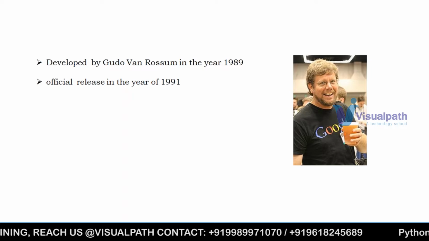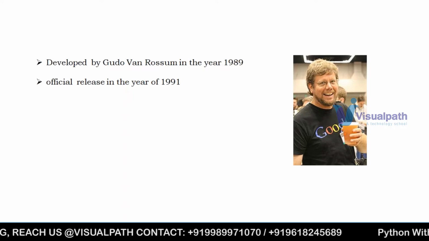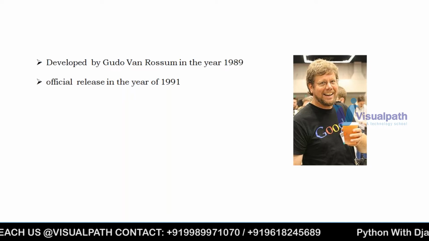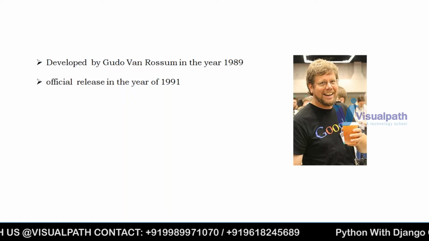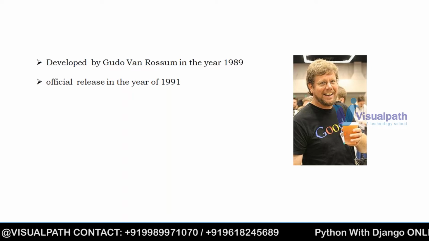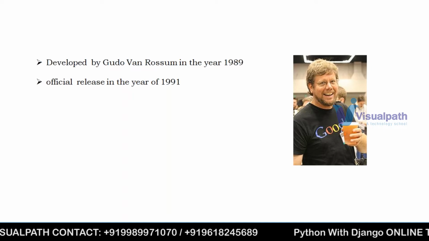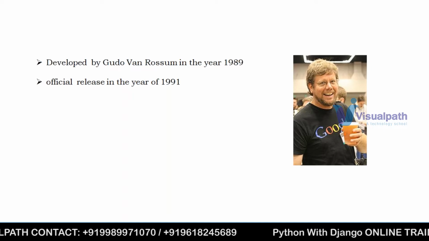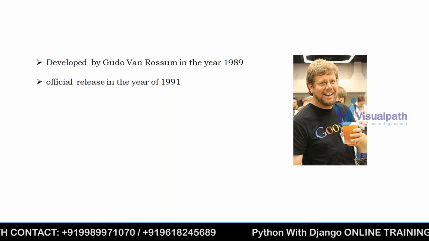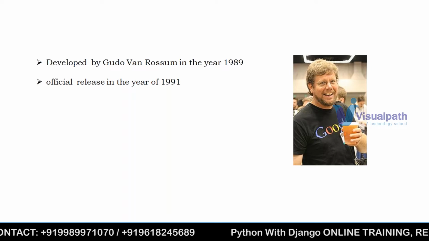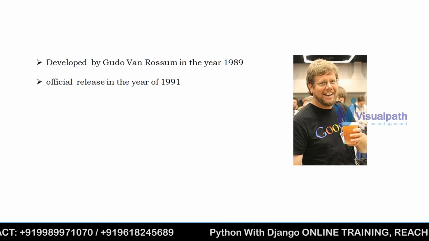So he simply took that name from the TV show and gave it to this programming language. Apart from that, there is no technical reason why it should be named Python. Most programming language names also come just like that, so there is no technical reason for it.